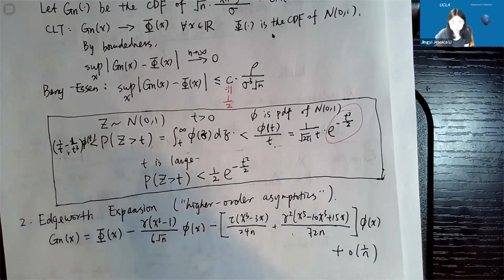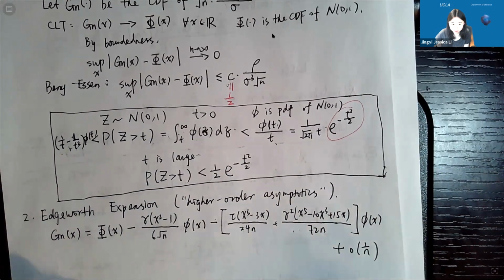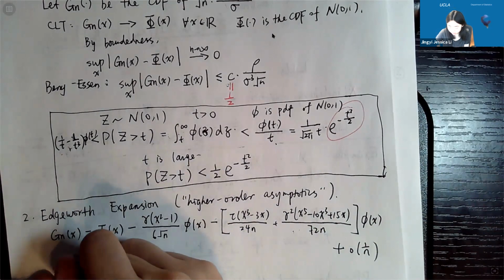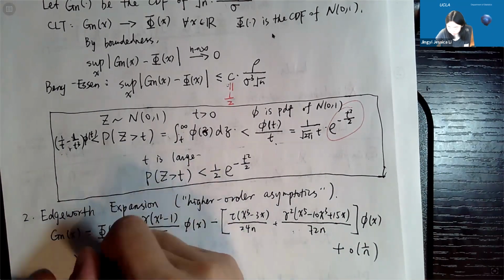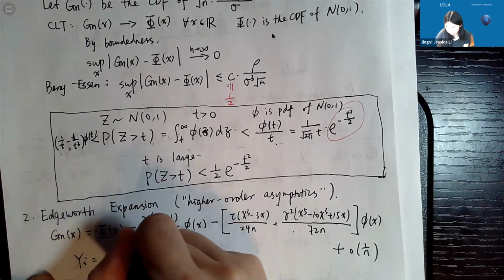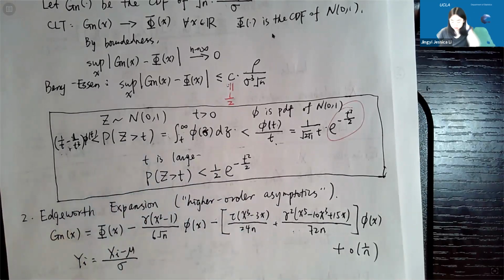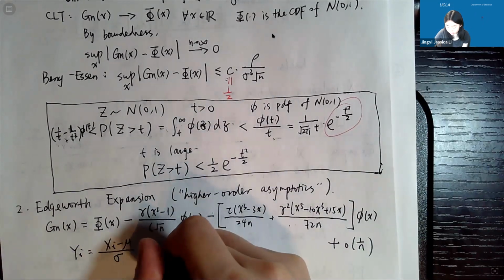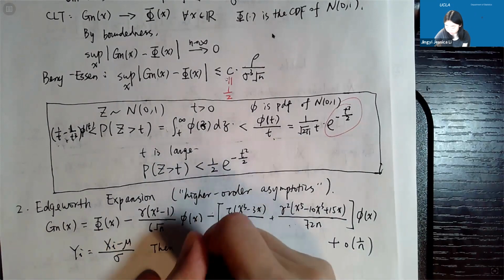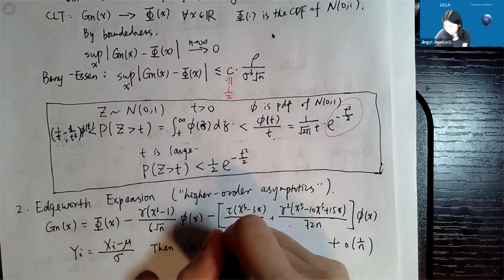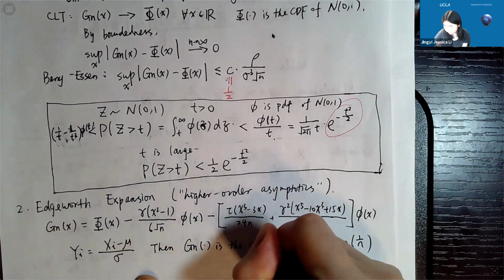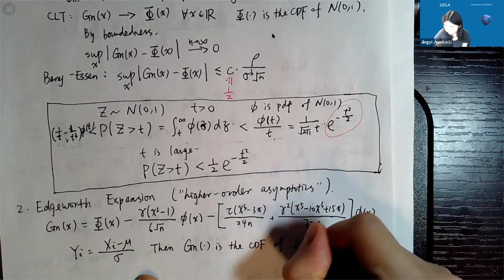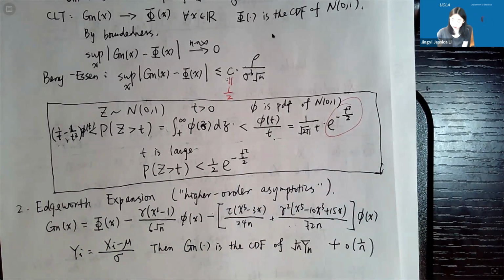So here, basically, let's say we define Y_i, I just define this as the standardized version first, (X_i minus mu) over sigma. This is a standardized random variable. Then G_n is the CDF of root n times Y_n bar, the average. That's exactly what we said before.